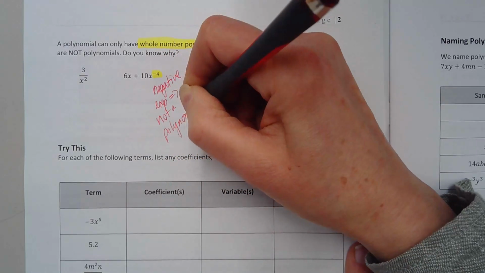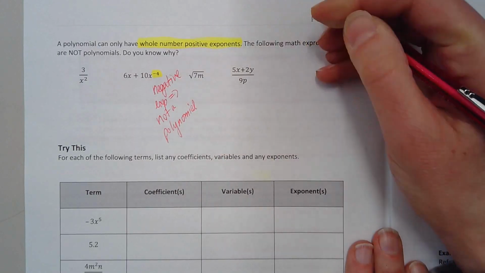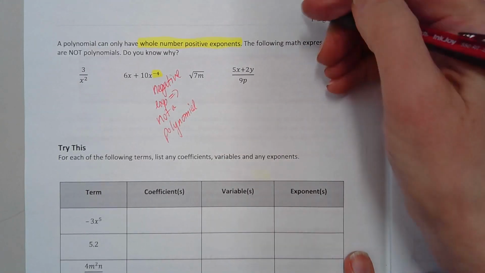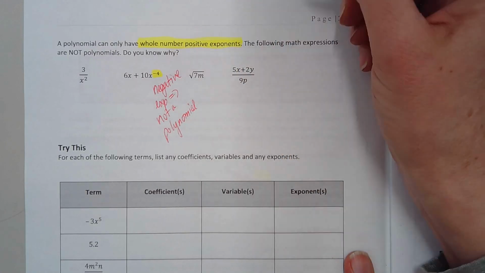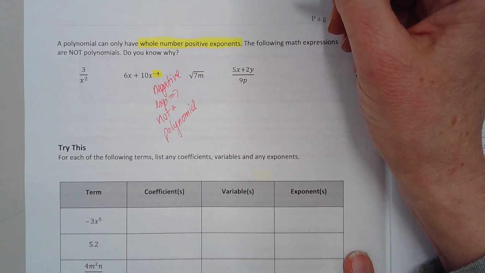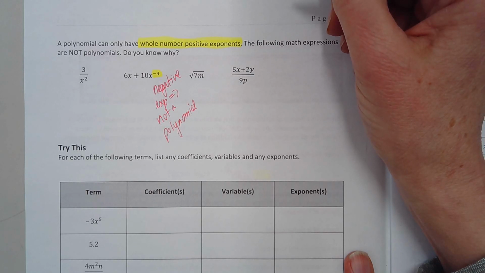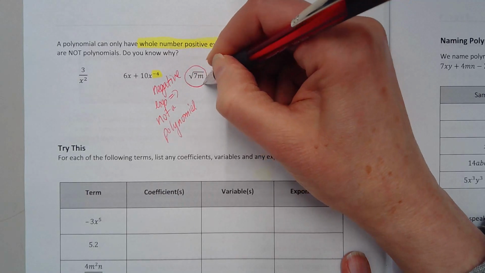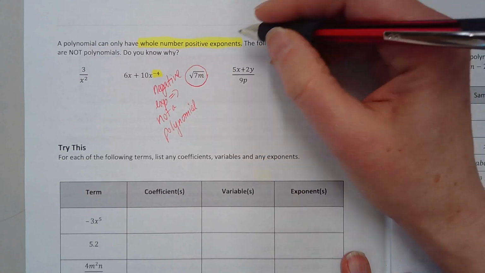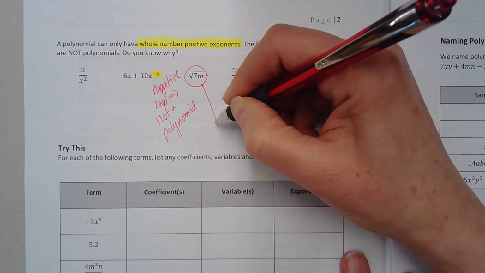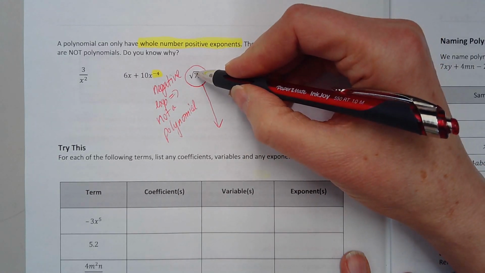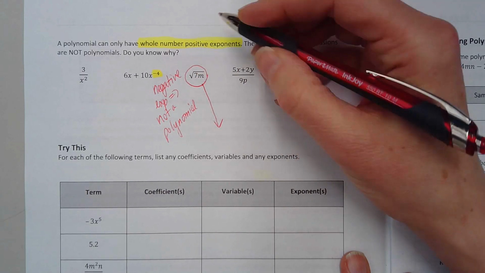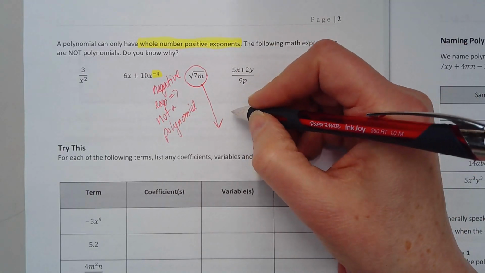Now, some of this is a little obscure because I know we're just refreshing our math skills, so it might be a little rusty. Anyone want to know why the root of 7m is not a polynomial? This is a tricky one. Okay, that's a square root sign too, so that's not a division sign. But this is something that you might not know.